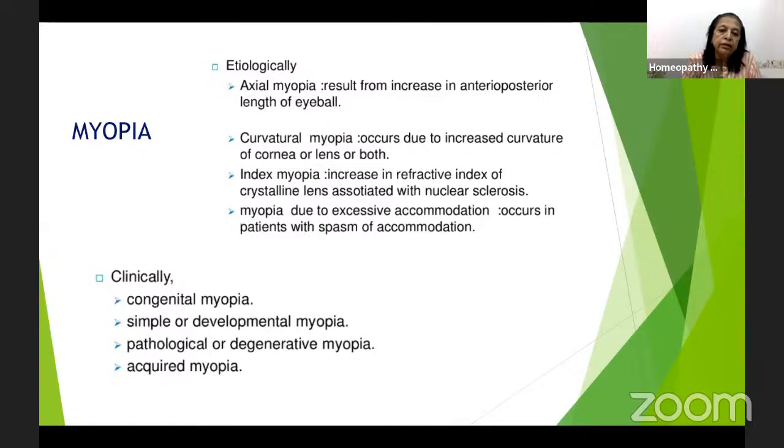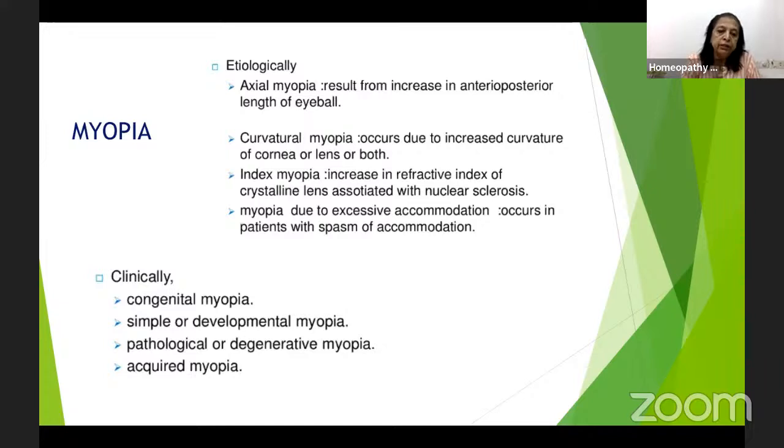What is curvature? Either corneal curvature or lens curvature. Usually it is increased in myopia. Index myopia is where the refractive index of the lens is increased. So basically the rays of light are focused in front of the retina. The cause may be axial, curvature, or index. So these are the causes.